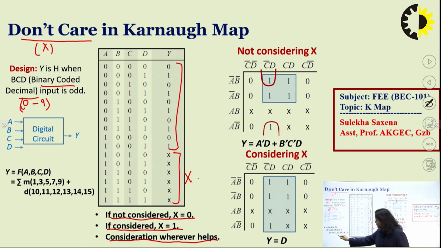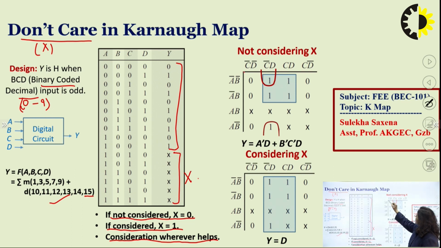So we will take one example of a 4 variable KMap. How do we find that it is a 4 variable KMap? The largest term is 15, so it's a 4 variable KMap. The min term values are given as 1, 3, 5, 7, 9, and don't care terms are 10 to 15. First of all, we form the 4 variable KMap considering 2 variables on the left side, AB, and 2 on the top side, that is CD.